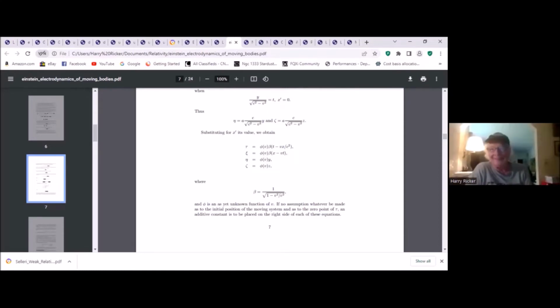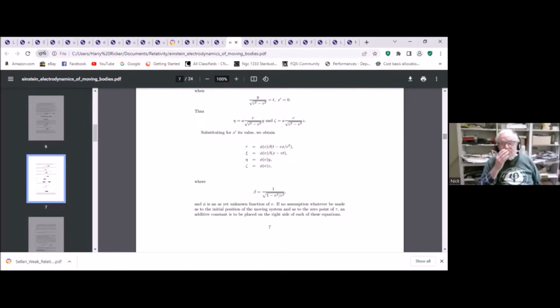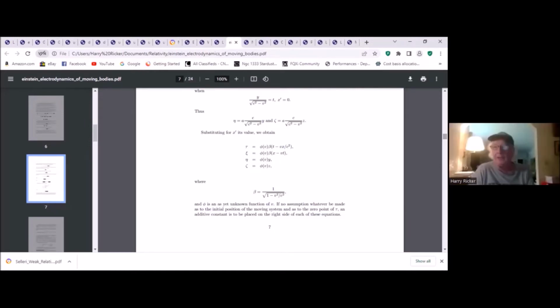Well, it's basically because what I said was, when you start off with this equation where x squared plus y squared plus z squared equals c squared t squared, where c squared t squared is a constant on the right-hand side, and time is a parameter of the evolutionary process.